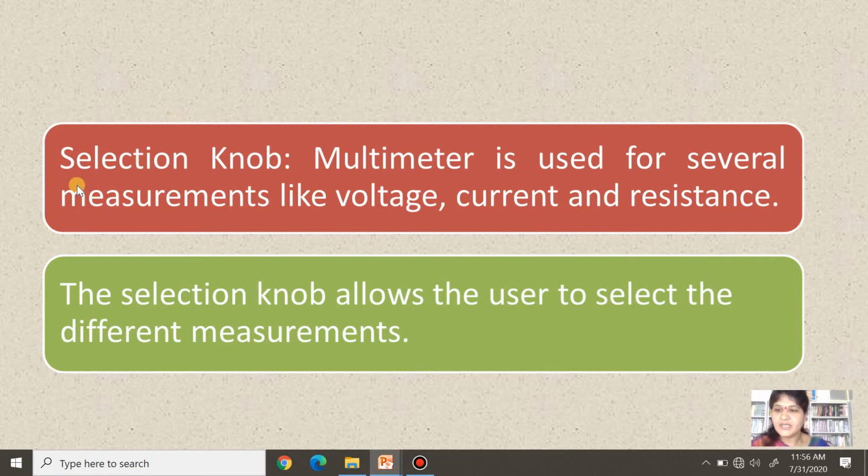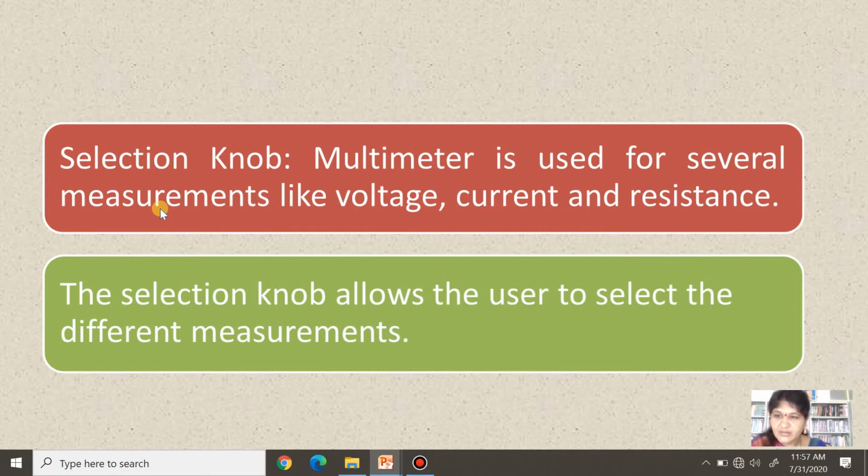The next part is the selection knob. As I have told, the multimeter is used for various measurements like voltage, current and resistance. To choose which measurement we are doing, we have the selection knob. You can see the diagram.